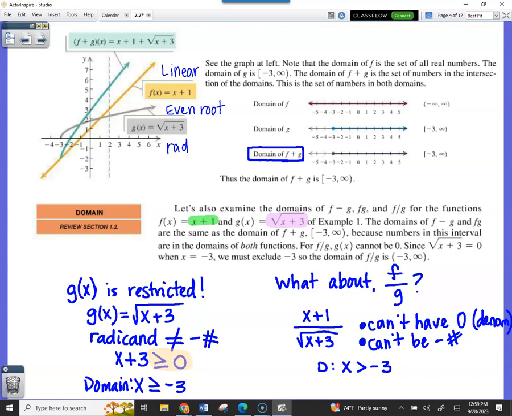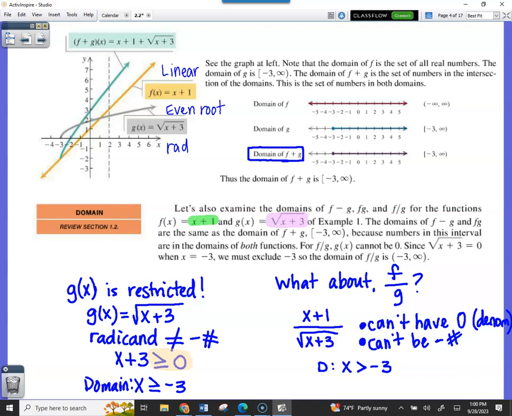If you take the two functions, the linear and the even root, and you divide them in a way that puts the even root in the bottom of the fraction, now you have two rules to watch out for. You still have the even root, which means it can't be a negative number, but it also cannot be 0 this time because now it's in the bottom of the fraction.